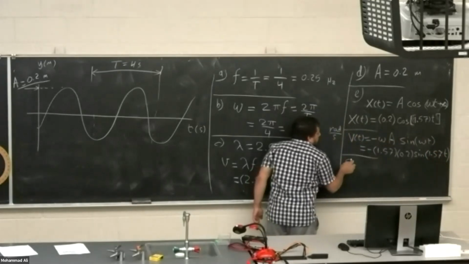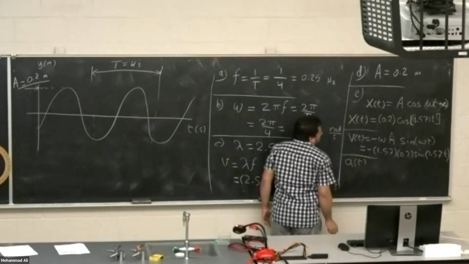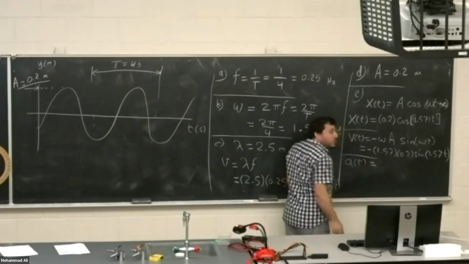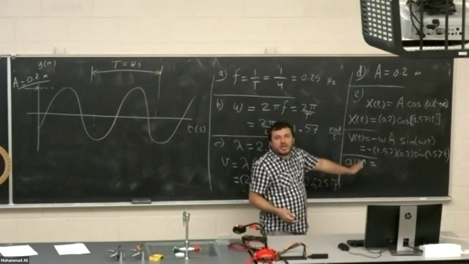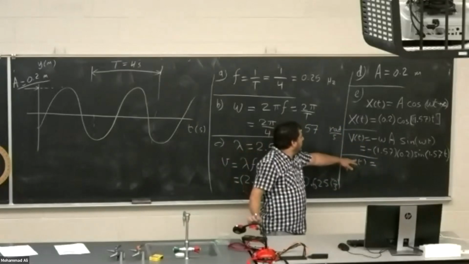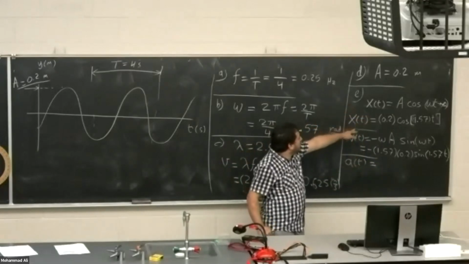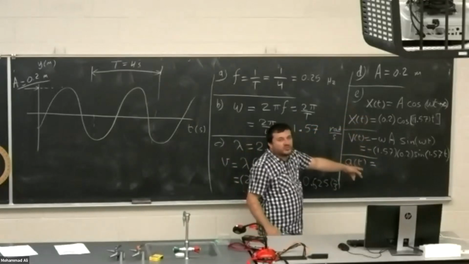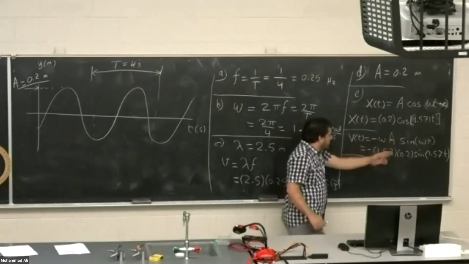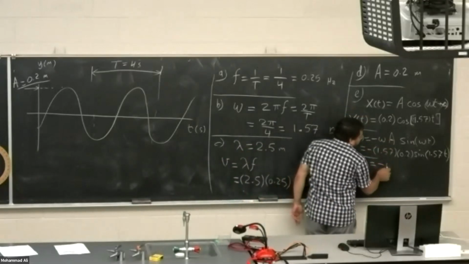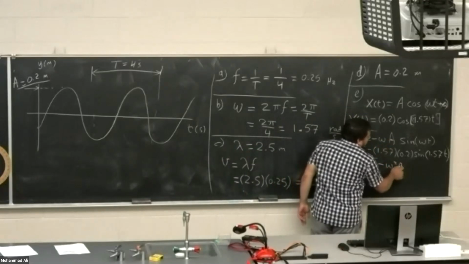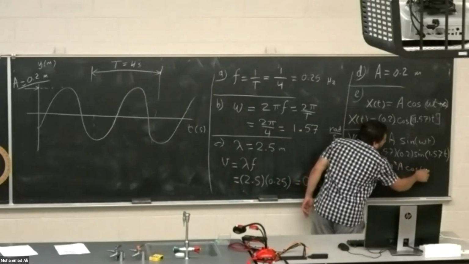What about the acceleration? The relation of the acceleration will be given to you in the formula sheet. X of t, v of t, a of t, they will be given like this. It's negative omega squared A, again cosine omega t.